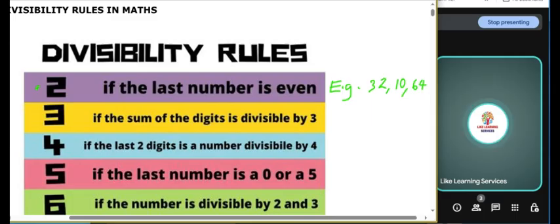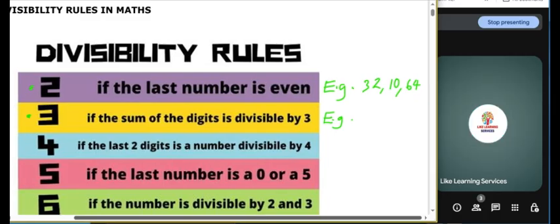Okay, how do you tell a number is divisible by 3? You need to read the rule: if the sum of the digits is divisible by 3. Do you know what that means? If you add up the digits and the sum is divisible by 3.